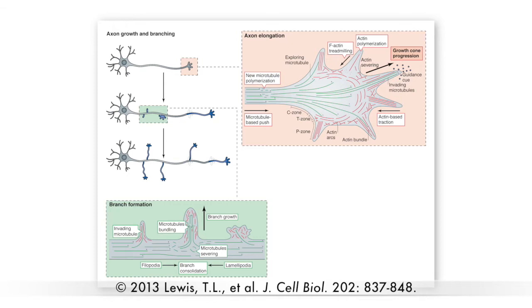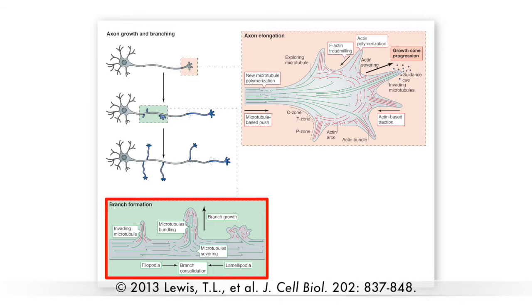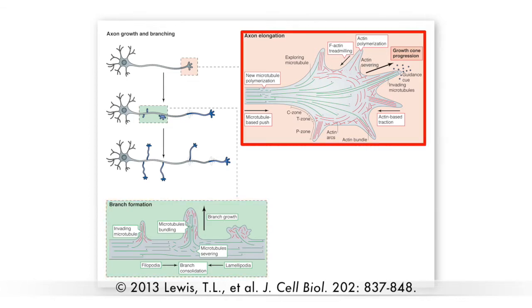From this, it was very clear that alpha and beta and also gamma-actin have completely different functions in axons. Alpha-actin is very important at the branch points in order to generate branches, whereas beta-actin is extremely important for very rapid dynamics of the growth cone in order to find its way to the final destiny in the periphery, in the muscle.